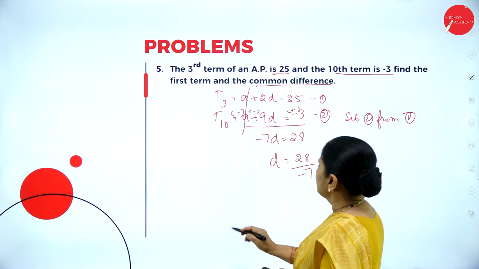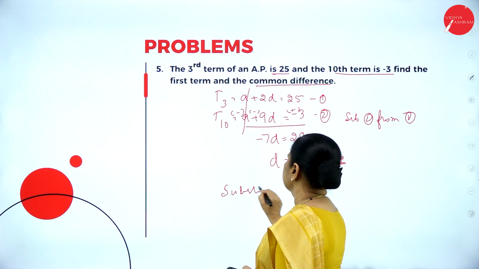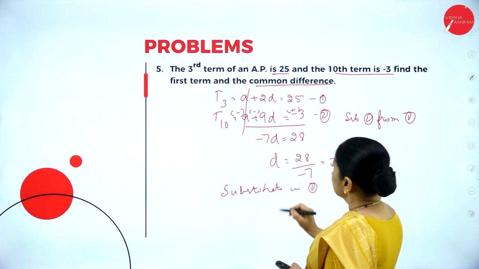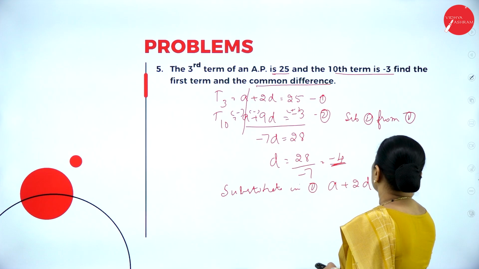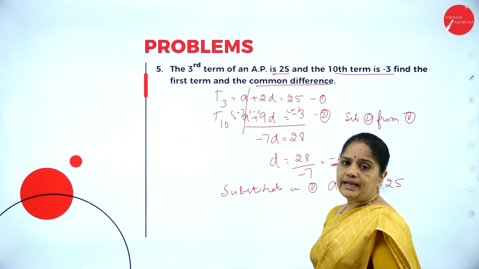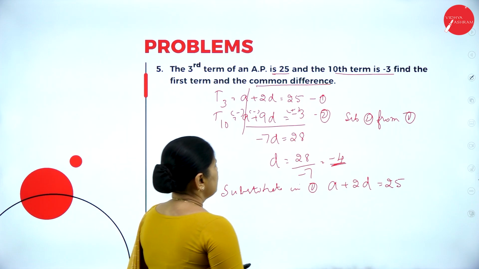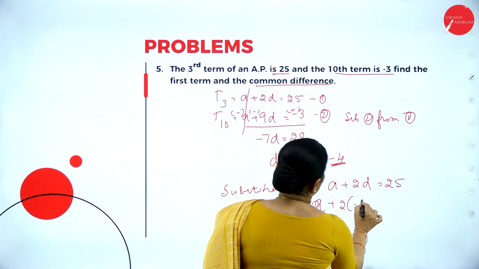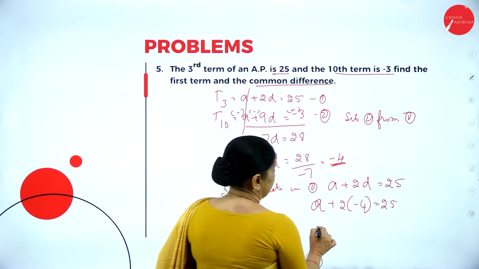Now substitute in the equation 1. So what is equation 1? A plus 2D equals 25. A plus 2 into minus 4 equals 25.